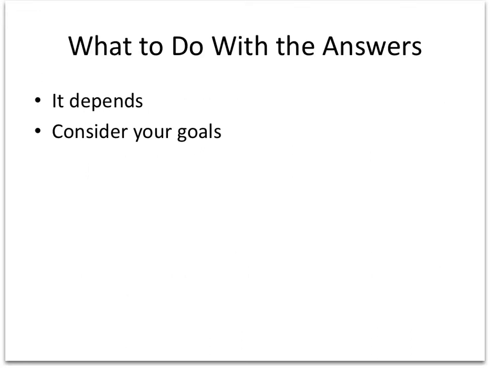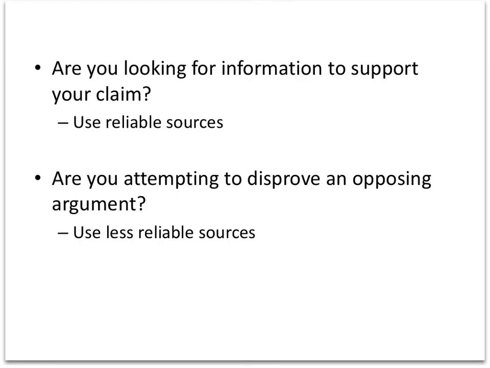So we now have a bunch of different questions to ask and what those questions mean. What we do with the answers will depend entirely on what your goals are. If you're looking for information to support your own claims, we want to use reliable sources. We don't want to use sources that have questionable authorship, that have inaccurate information, and so on.